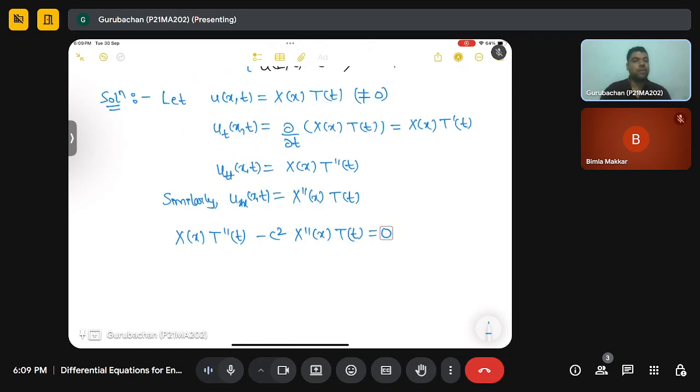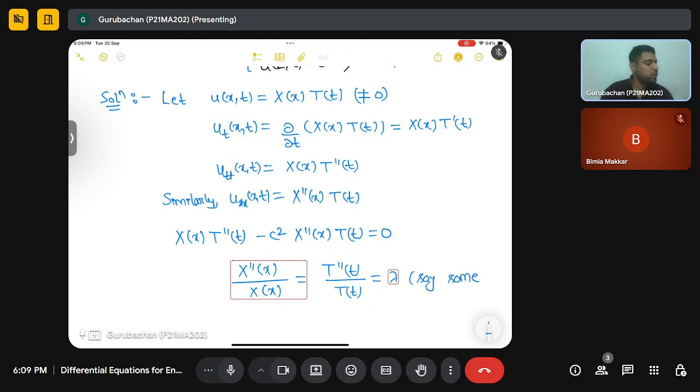If you observe here, you will get X''(x) divided by X(x) equals T''(t) divided by c square T(t). Suppose this is some constant lambda.